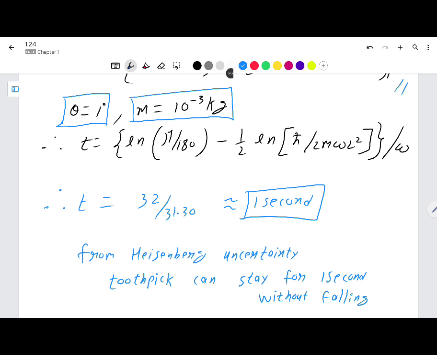And the length that I used is 1 centimeter.